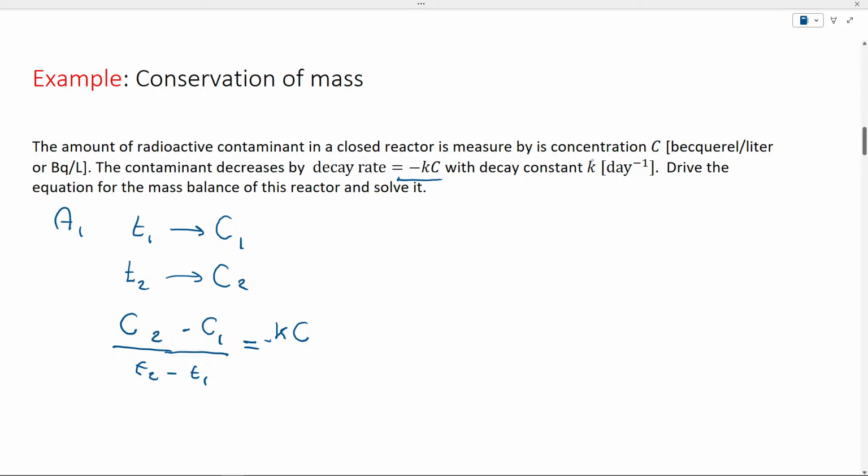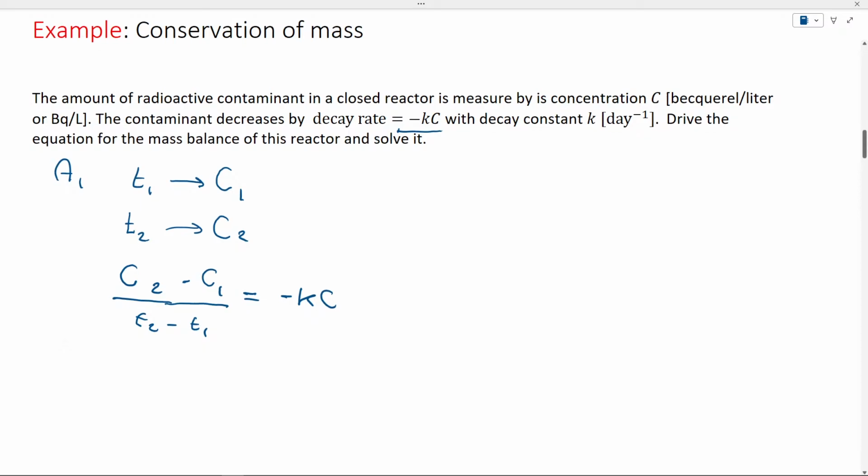So the rate of change in concentration, from T2 to T1, is equal to how this concentration is decaying according to the rate constant. Remember, this is the rate of change. That's the whole idea: derivatives are the rate of change.